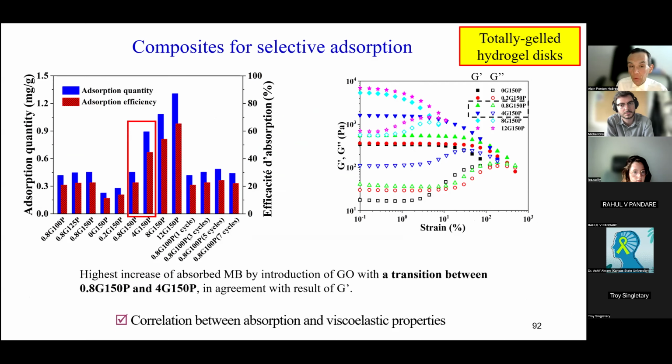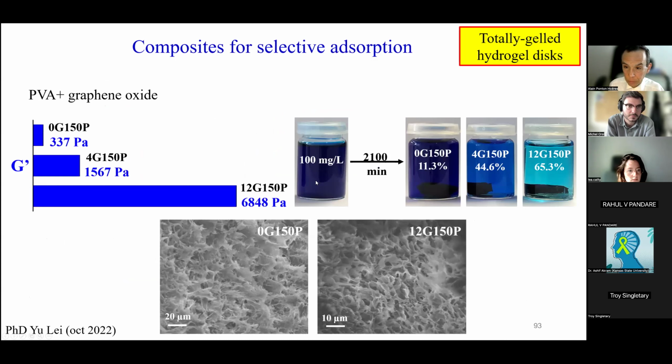And here is a summary. We can correlate the absorption property and the viscoelastic property. So to summarize, for composite for selective absorption, this composite is composed of a polymer matrix of PVA silicon, made just by thermocycling, containing graphene oxide.